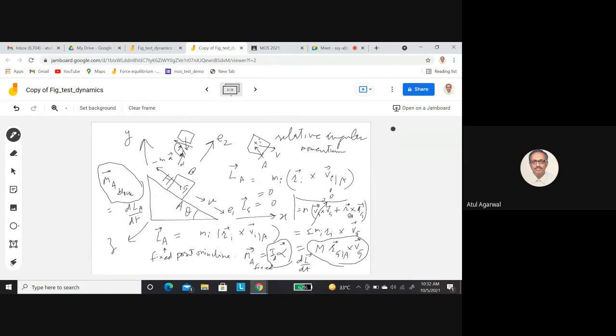So if you are taking moment about this point A, then you have to consider the location of this normal force. You assume it is at point D. All other forces are known: Mg, and the frictional force is passing through point A, so it will not contribute to the moments.